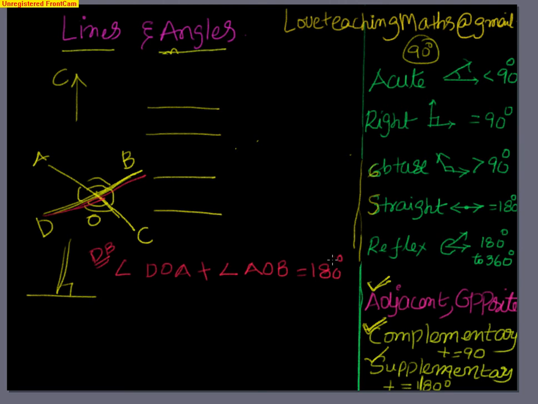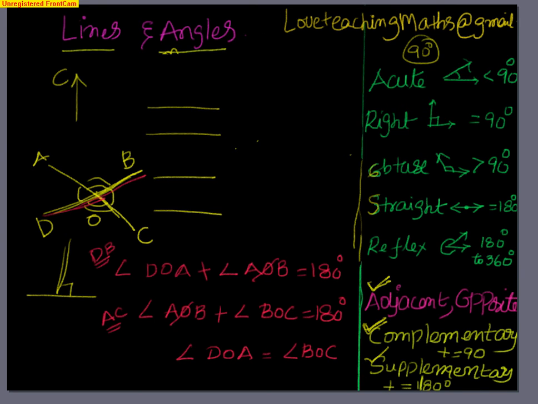We just learned that. Similarly, if I take the line AC, angle AOB plus angle BOC is equal to 180 degrees. So both are equal to 180 degrees. If I compare them, I can cancel out the common angle AOB, and I get that angle DOA is equal to angle BOC.